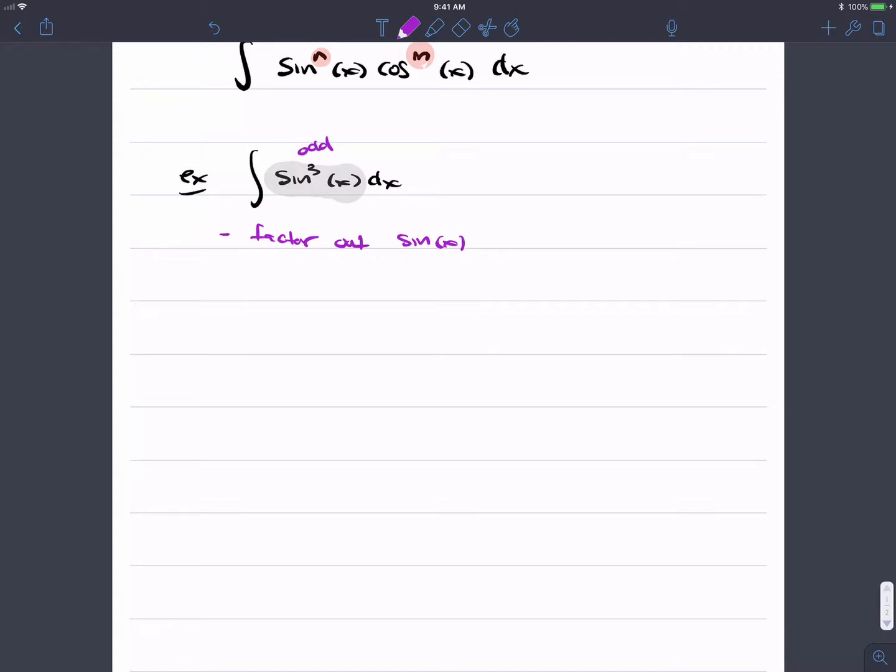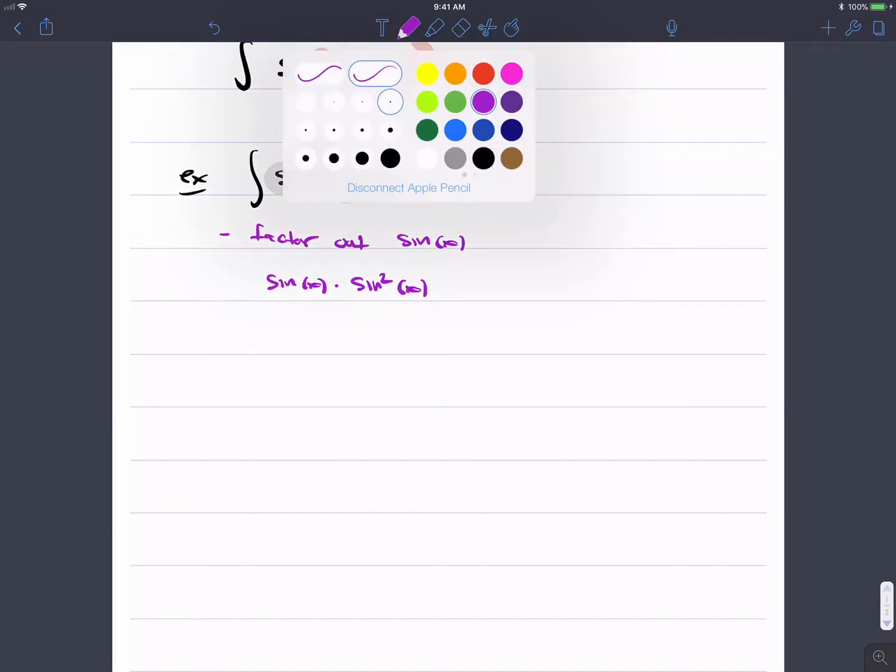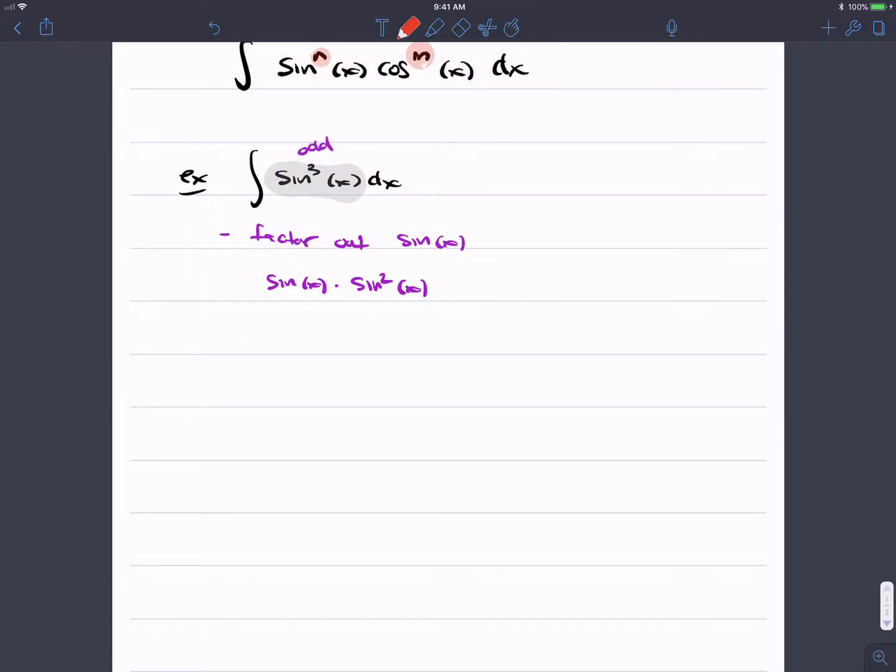So we factor out a single power of sine, we get sine times sine squared. And at this point here, we're also going to replace sine squared with 1 minus cosine squared, the Pythagorean identity. And so what you'll get here is sine times (1 minus cosine squared), and this will be our integral dx.